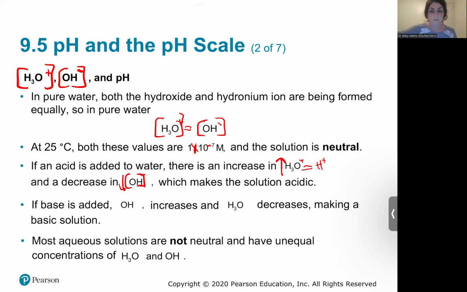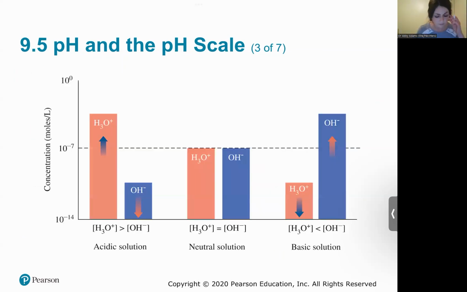And then if a base is added, that increases the hydroxide and your hydronium ion decreases, so it's going to make a basic solution, right? Makes sense. So most aqueous solutions are not going to be neutral, and there's going to be some imbalance there of those ions, the hydronium ions and the hydroxide ions. Most of the time you're going to have some imbalance between the two.